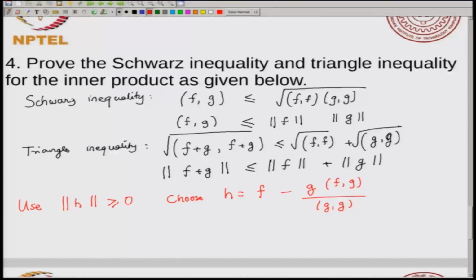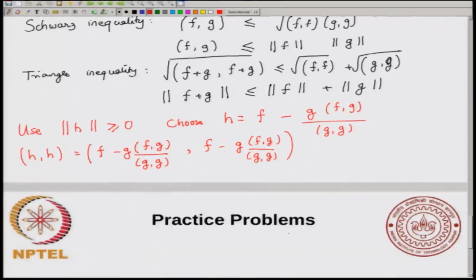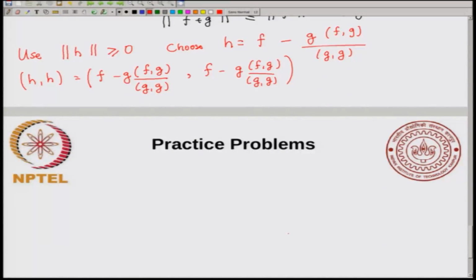So, I just took a particular form of h, and now if you calculate (h, h), you will get this inner product with itself, which is (f minus g (f, g)/(g, g), f minus g (f, g)/(g, g)). You can unfold these brackets and multiply them term by term.